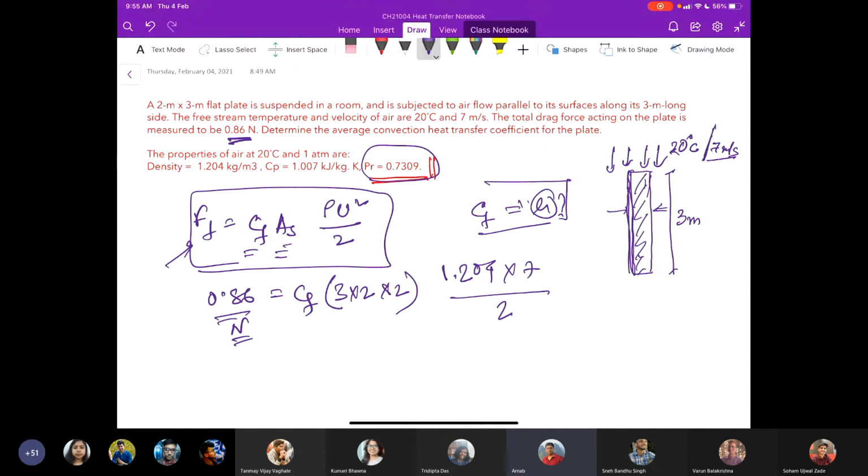Your knowledge of units would come handy here, that you have to have consistent units. Fortunately, here you have Newton, so it is in SI and everything here is in SI as well. So you find out from here the value of CF, and it would come around 0.0024.